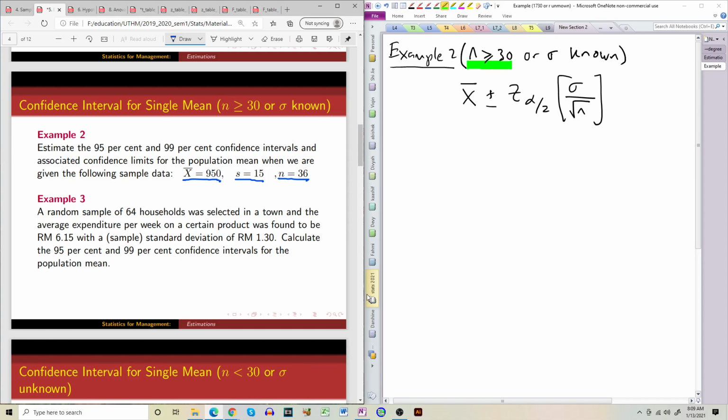Okay, now let us compute. We are going to compute the interval, two numbers here and here. We are going to compute what is the range, what is the interval, so that our population mean will lie on the estimation from where to where.